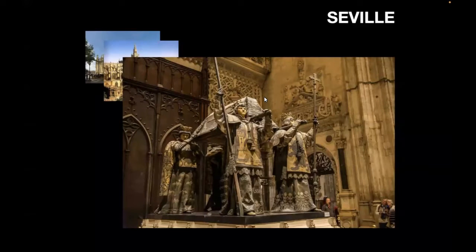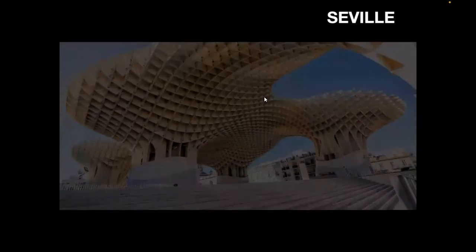And today, in addition to being the largest cathedral in the world, it also houses the tomb of Christopher Columbus. After his death, he was interred here, and it's possible to see that.